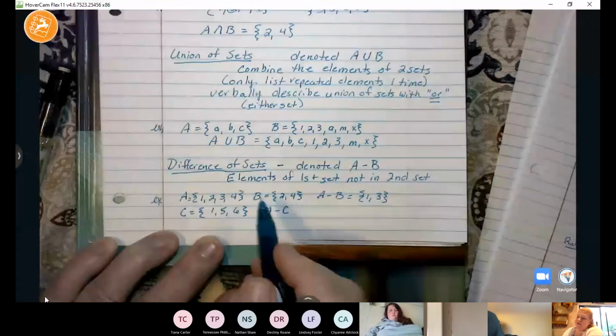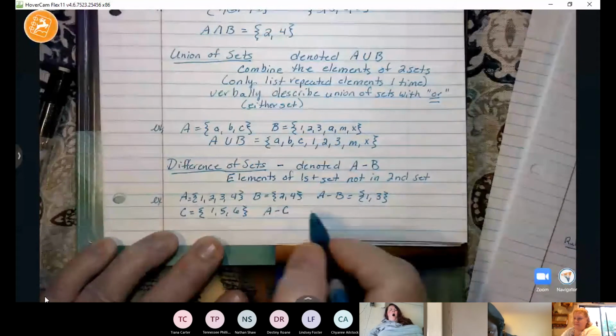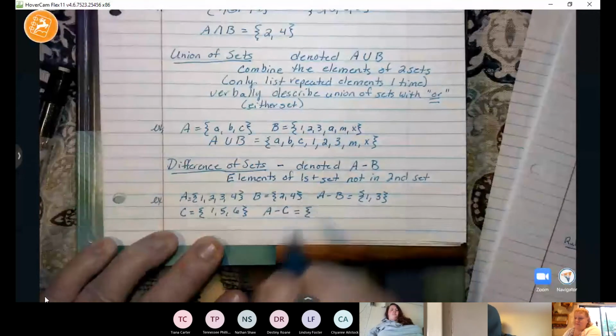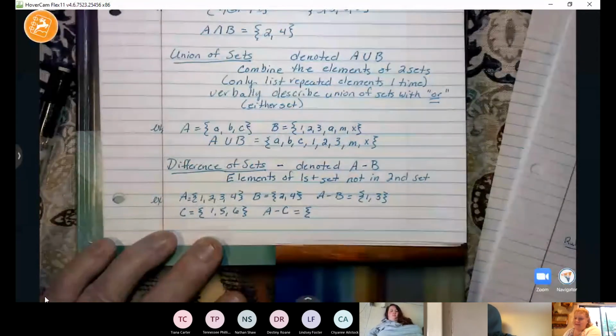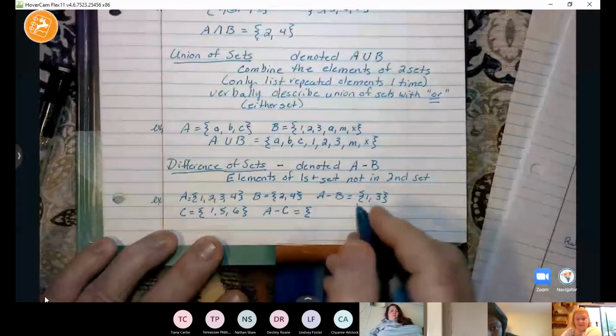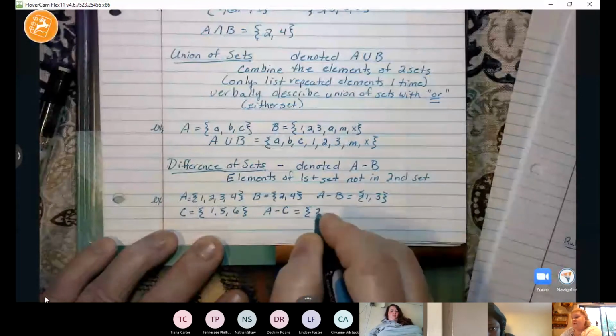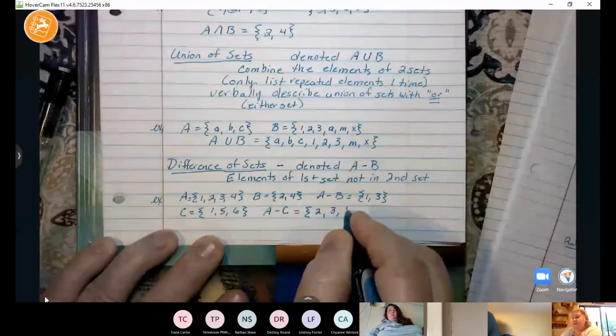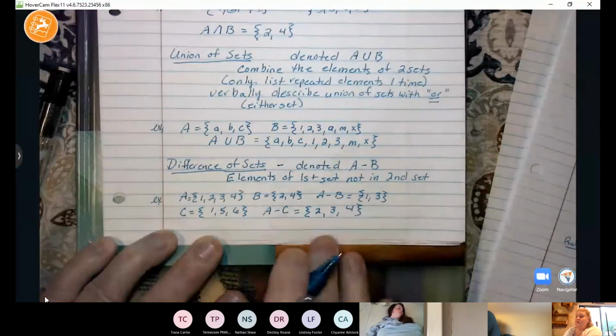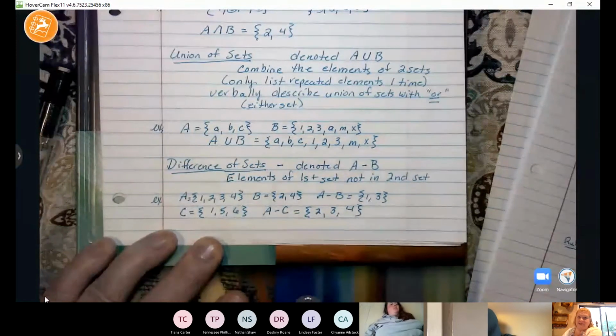We still are looking for what's in A that's not in C. So what's in A that's not in C? That would be 2, 3, and 4. It doesn't matter that C has 5 and 6. That's irrelevant. What is in A that's not in C?